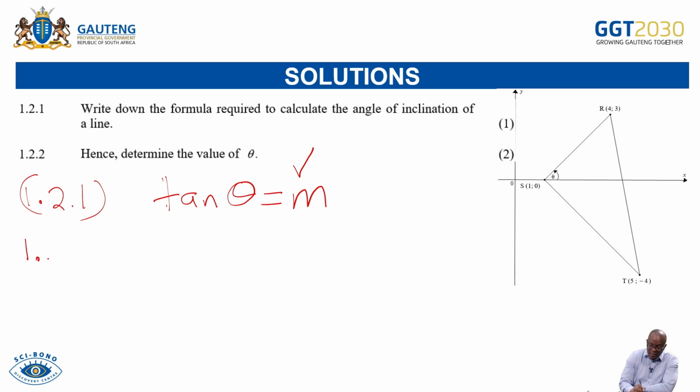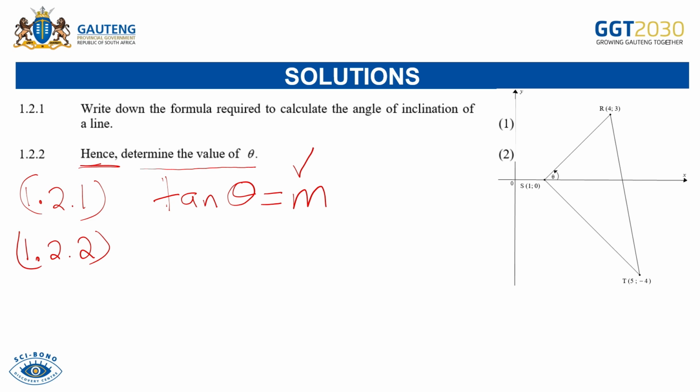Then your 1.2.2, it says, hence, determine the value of theta. So remember, when we say hence, it means we must use what we have calculated or determined in the previous question, which is the formula for our angle of inclination.